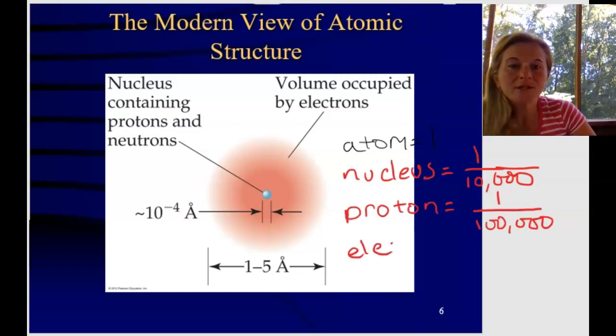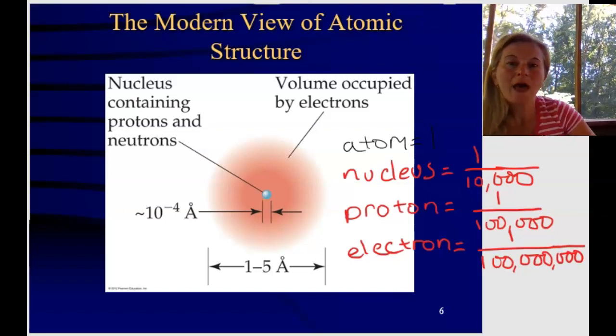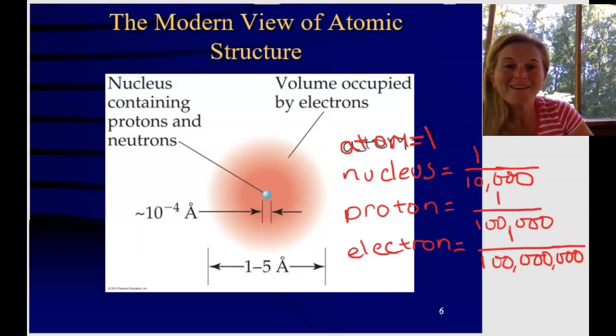And an electron is going to be 1/1,000,000th the size of that atom. So the atom is, yes, very small, but it's relatively big compared to the nucleus, protons, and electrons. Oh, and neutrons are the same size as protons, as we will see in the next slide.